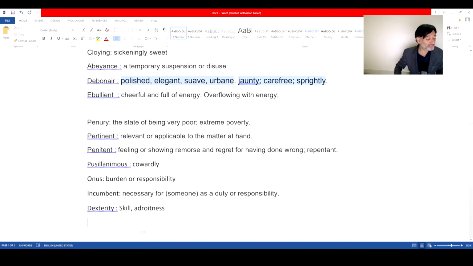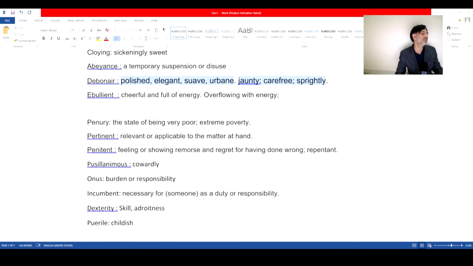Puerile. I'm not sure if I'm pronouncing this correctly. Puerile is childish, right? So it is silly or immature.